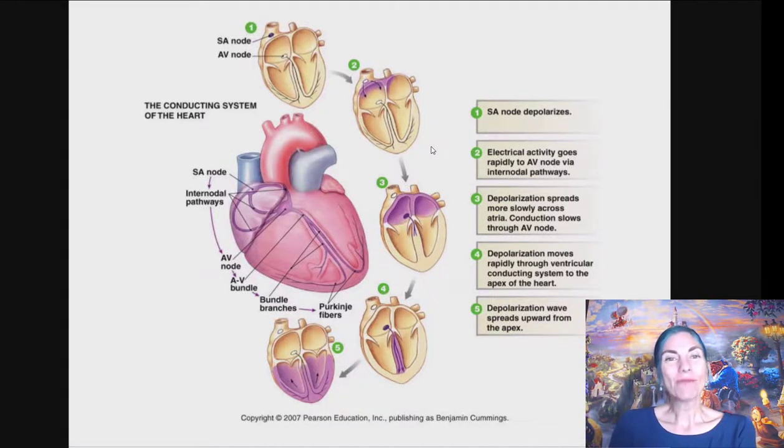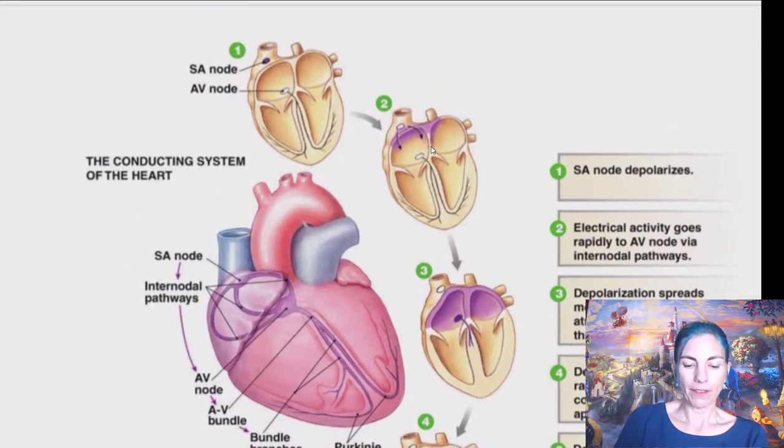So in this lecture, we are going to take a look at the electrical events in pacemaker cells or autorhythmic cells. There are two areas where autorhythmic cells are concentrated in the heart, and they are the SA node and the AV node. You can see that here on this picture.